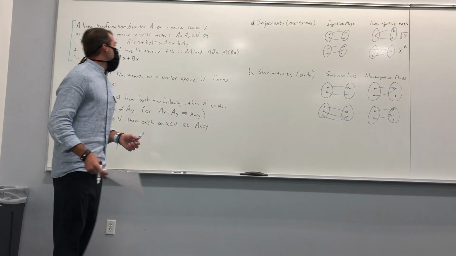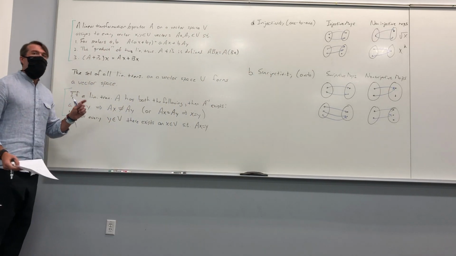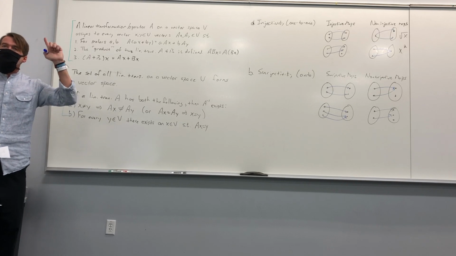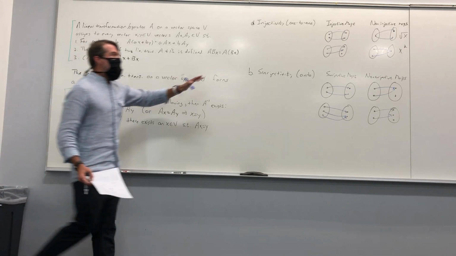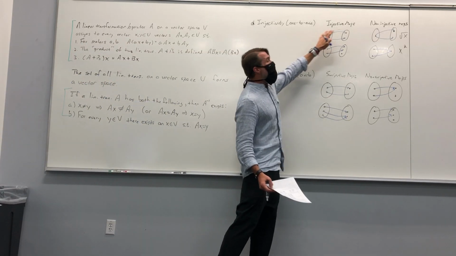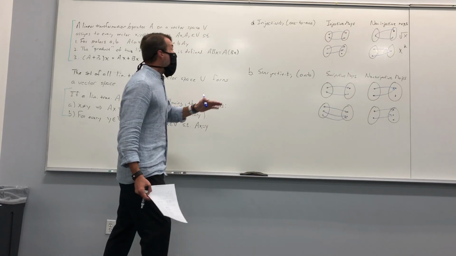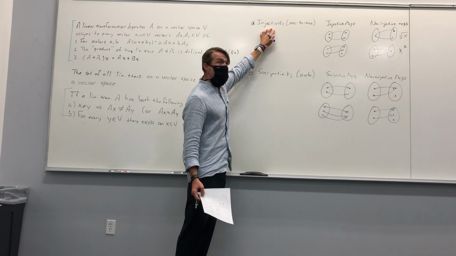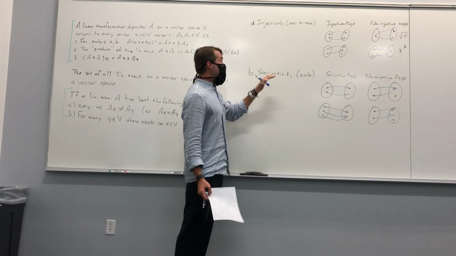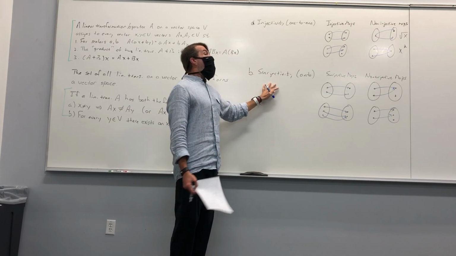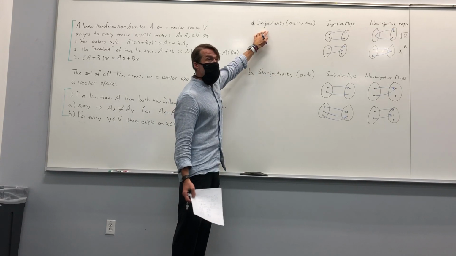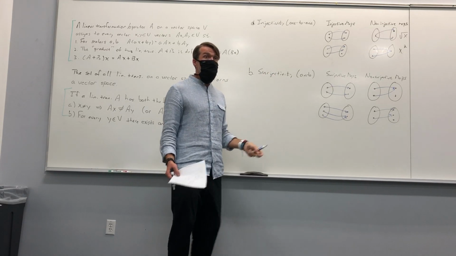So it turns out that for linear transformations of vector spaces, since the things I'm mapping from and to always have the same number of elements, I could just prove the injectivity of the map, and this comes along for the ride. Or I could prove the surjectivity, and this comes along for the ride.